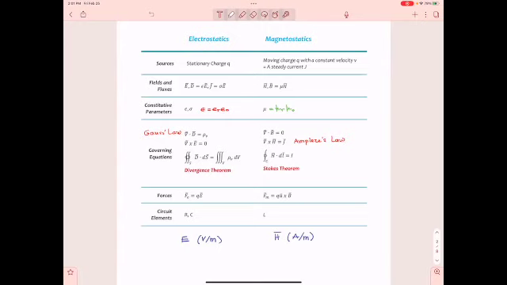Another thing before we move, in fact, as we move here, what does this one say? Gauss's law. When you look at these, what comes to mind? What do you visualize when you see that the divergence of D equals the charge?